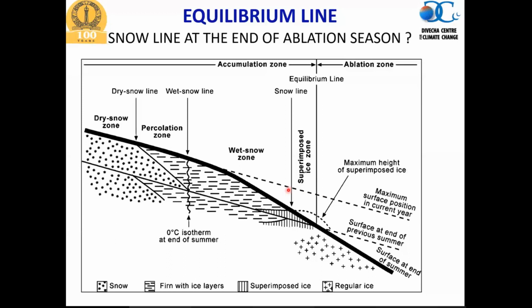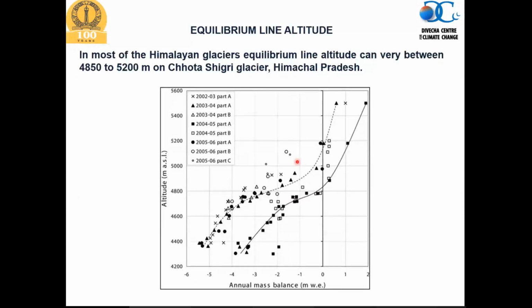The snow line becomes the equilibrium line as far as the Himalaya is concerned. That is the importance of the equilibrium line. So if you can identify the snow line on Himalayan glaciers, which is much easier to do, then you can clearly identify the equilibrium line.